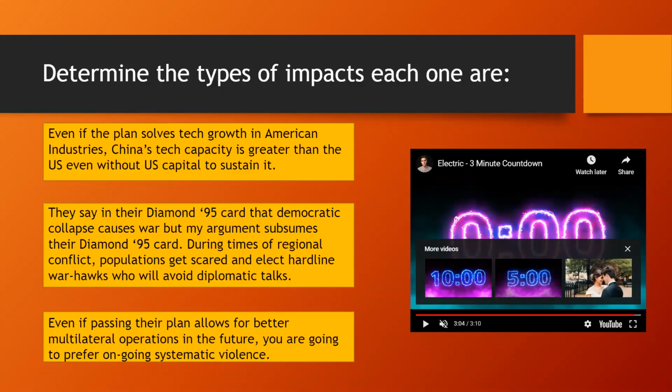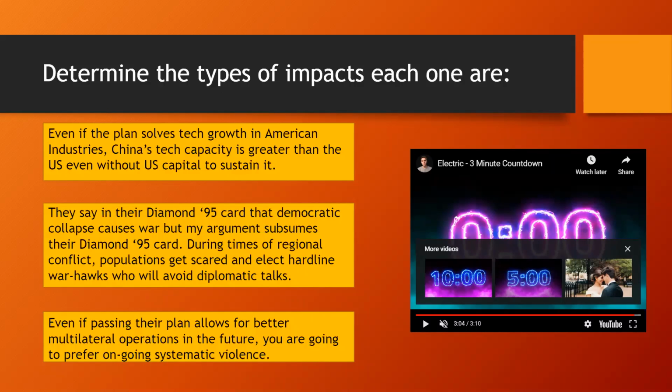The last one, Deepa, what did you do for the last one? Deepa, are you there? I can't really see the bottom part, but here, I'll read it to you.